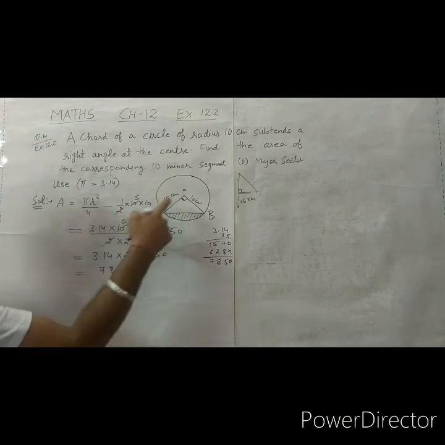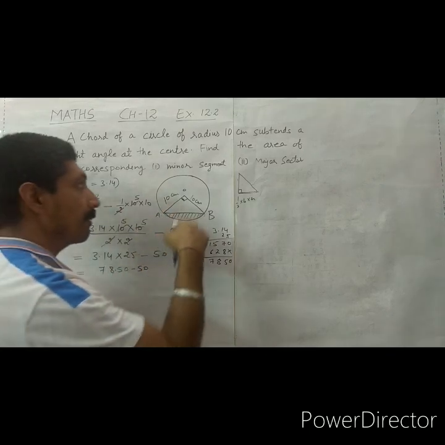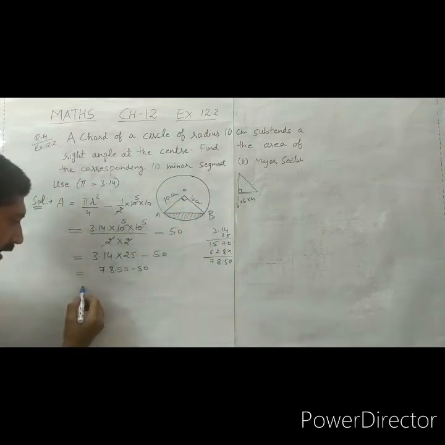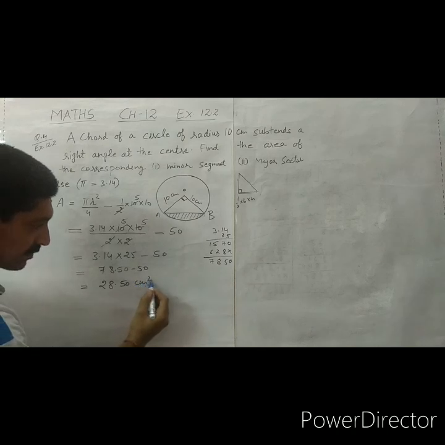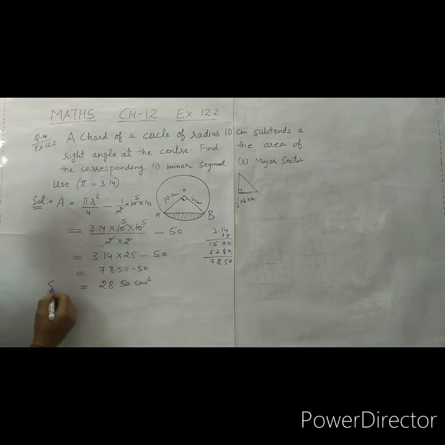So area of the minor segment is equal to 28.50 centimeter square. So this is the first part, area of the segment.